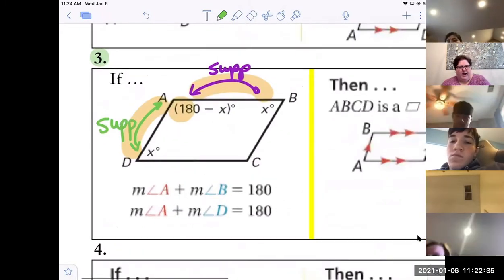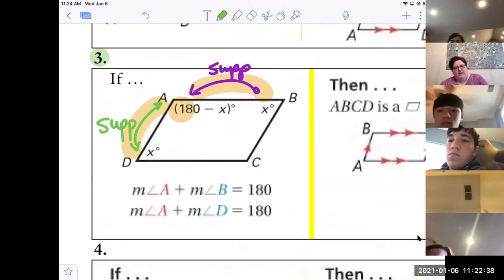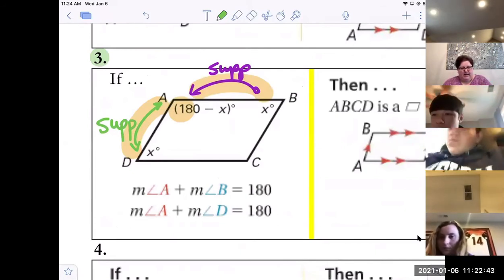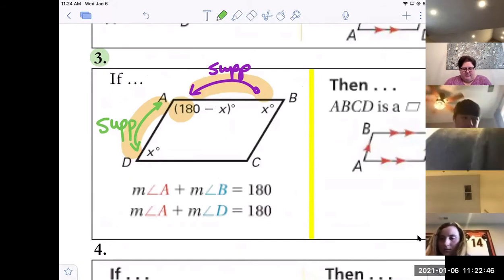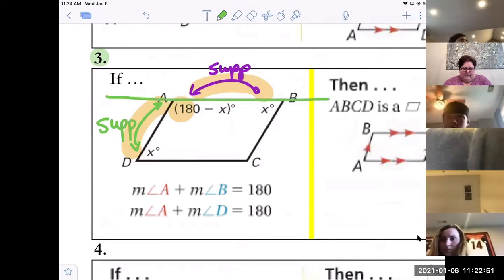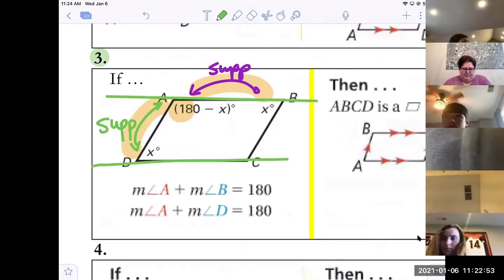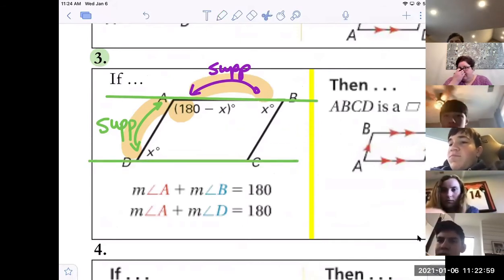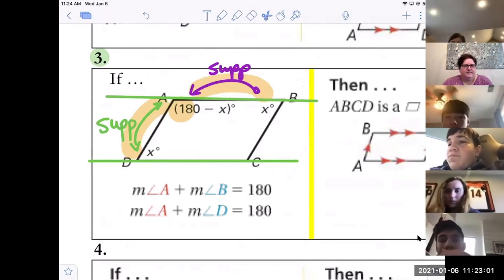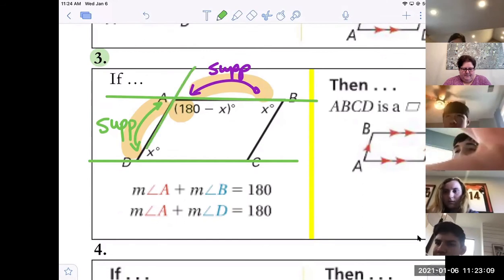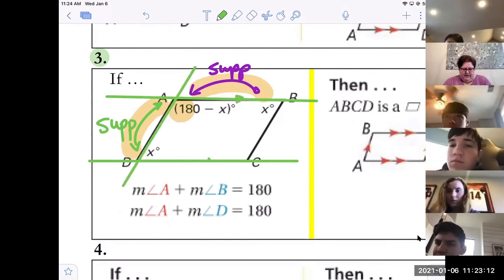So why is that true? Well, we know in a parallelogram, all the pairs of consecutive angles are supplementary because they're all consecutive interiors with parallel lines. But remember going the other way around, if you know that A and D are supplementary, that will make this line and this line parallel with what transversal? AD. So that would make the green lines parallel, right?